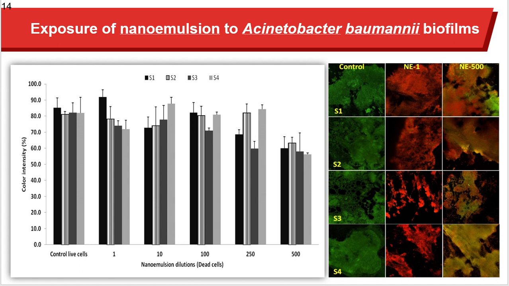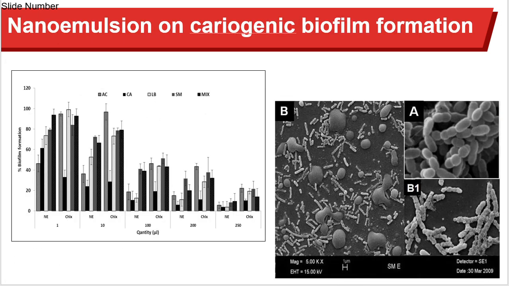Even some more other microbes we also tried. This is a Streptococcus mutans biofilm. You see very beautiful control cells. But when you see this treated one, it is completely disintegrated, with no margin at all.